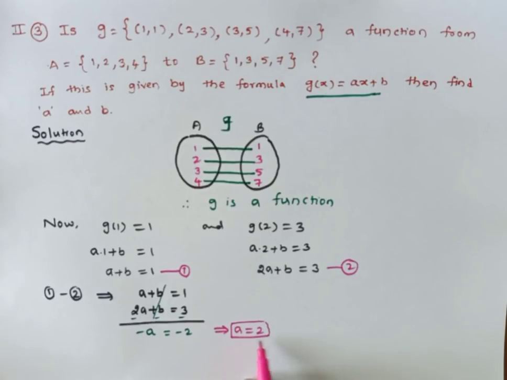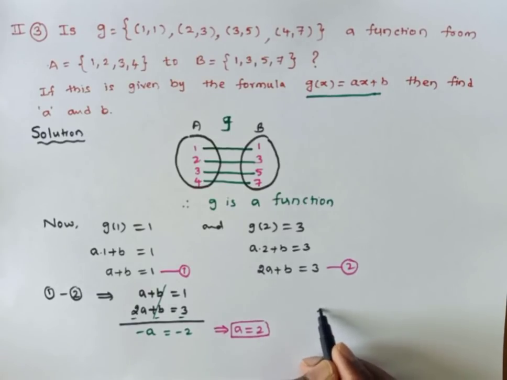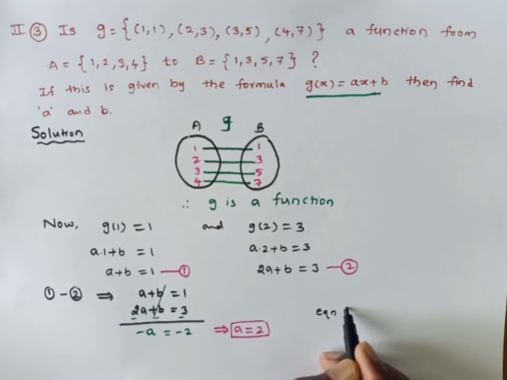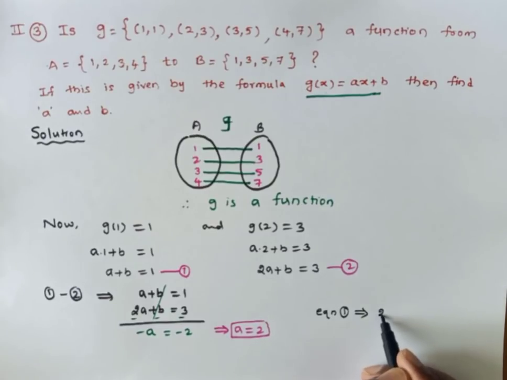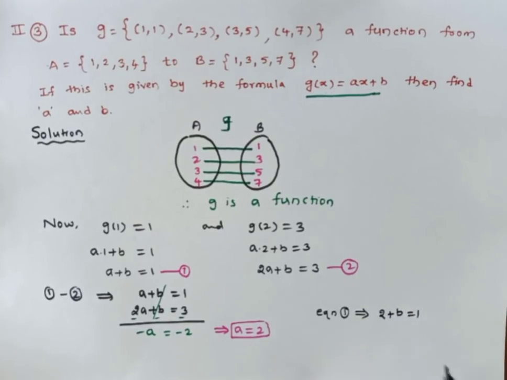And so you can substitute a equals 2 in either equation 1 or equation 2, so you get the value of b. So you can use equation 1. Equation 1 implies, here a is replaced with 2, so this is 2 plus b equals 1. Then b equals 1 minus 2, then b is minus 1.